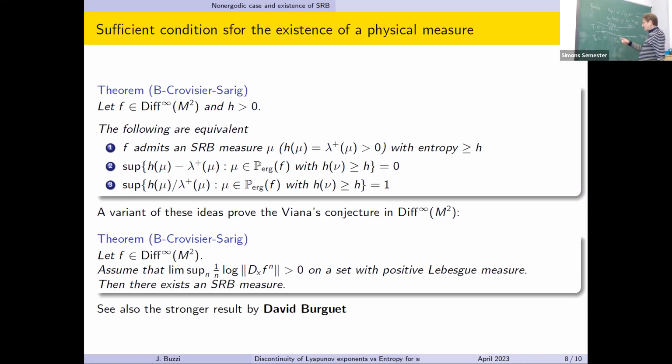Then you consider points inside these good subsets. These points will define, by iterating them, measures which are nearly invariant.